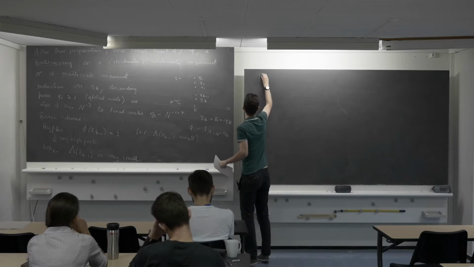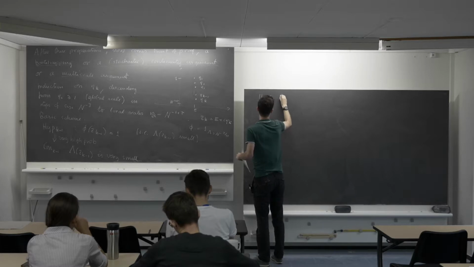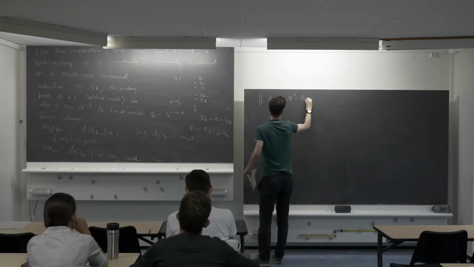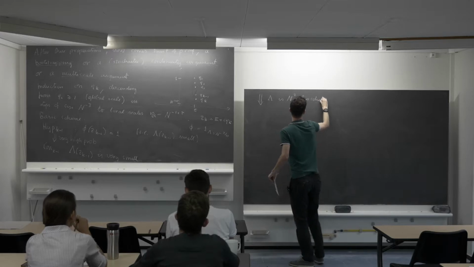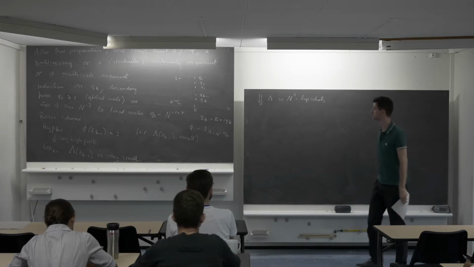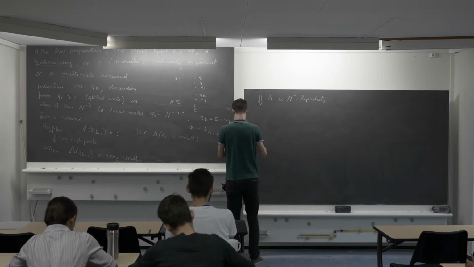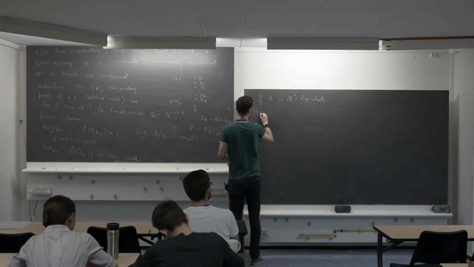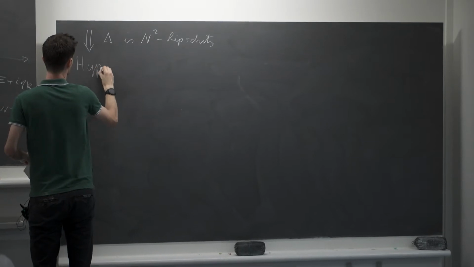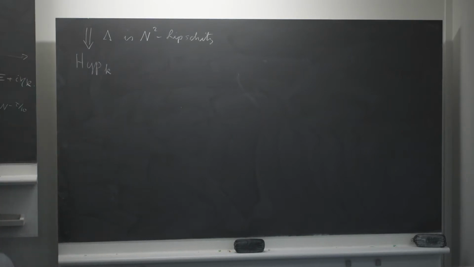And so from this one, we will deduce, using the fact that lambda is n squared Lipschitz, which we've seen was basically a triviality, the hypothesis at k. Okay, so again, if you have a strong bound here, by Lipschitz continuity you can get a bound here.